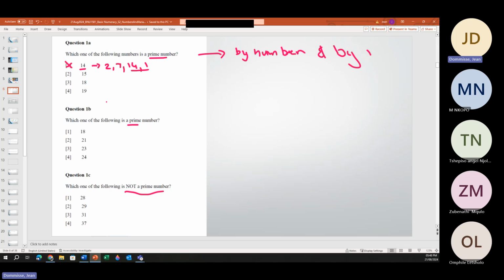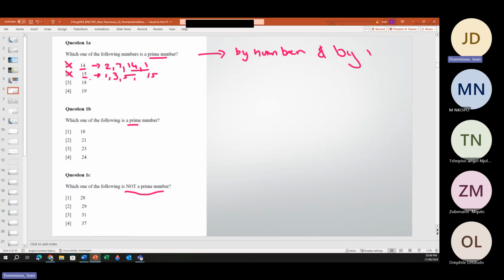It's easier to identify the not-prime numbers than studying all the prime numbers that there could be. If we look at the next one, 15, we know that 1 goes in there. 2 can't, but 3 can, 5 can, and 15 can. Because 3 and 5 can also go in there, it's not a prime number.